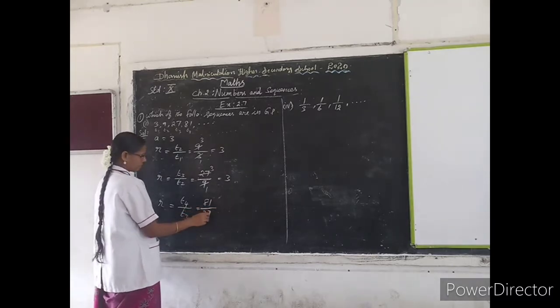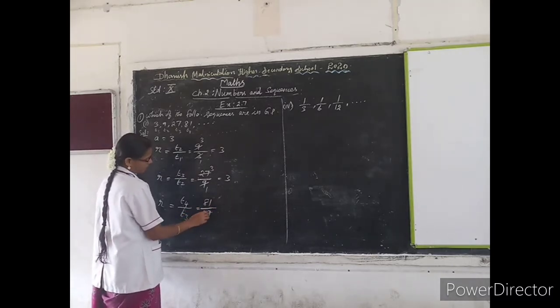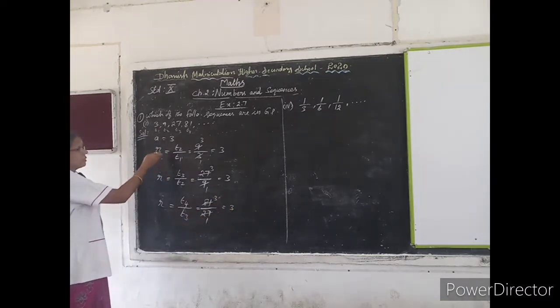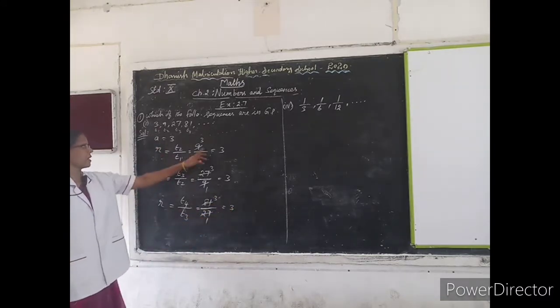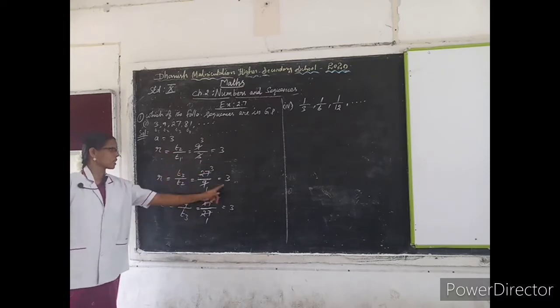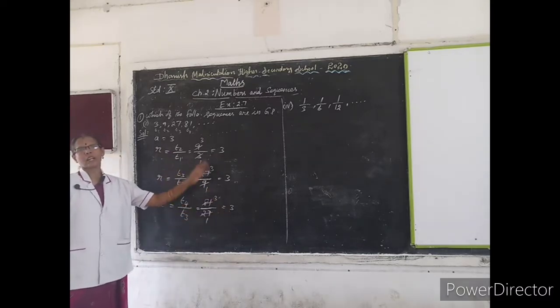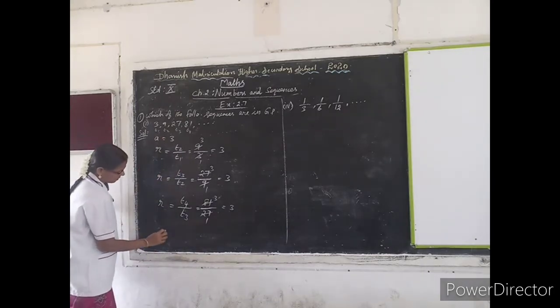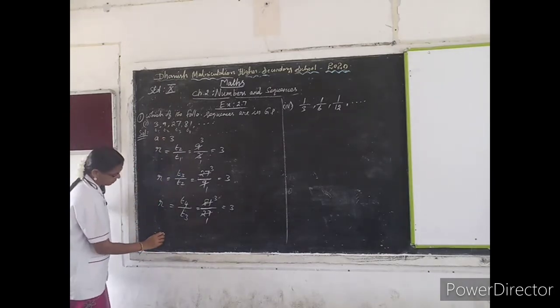Cancel by 27 table, 1 time, 3 times. So 3. Here the common ratio is the same: this R is 3, this R is 3, this R is 3. So the common ratio is the same. Therefore, the given sequence is in GP.